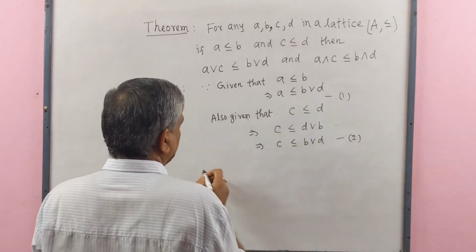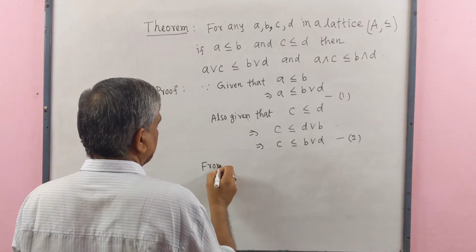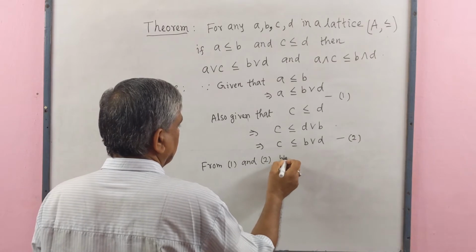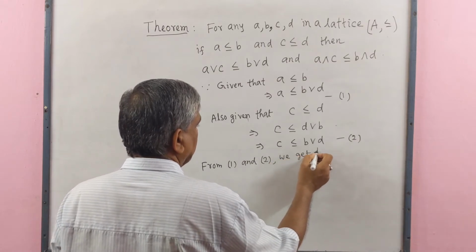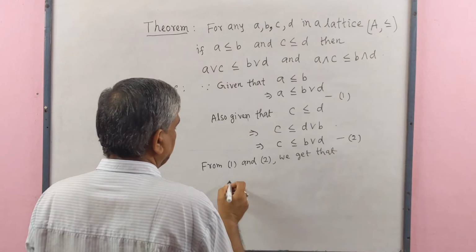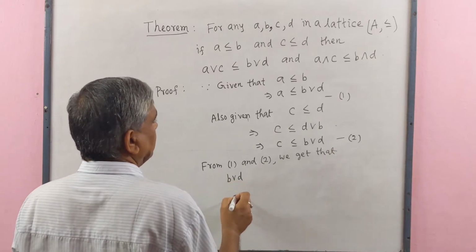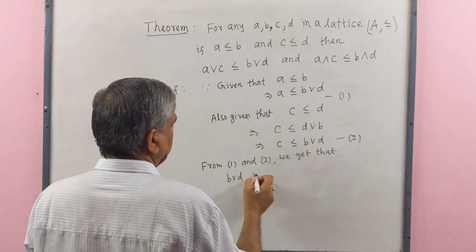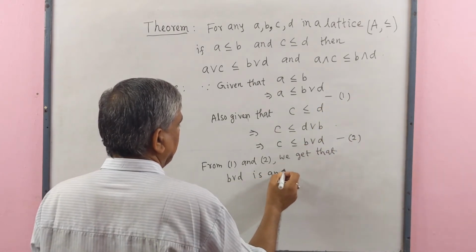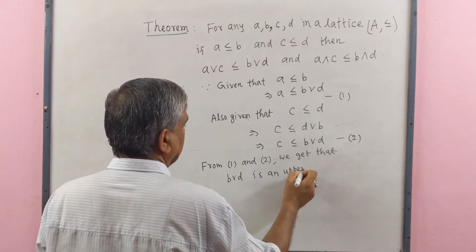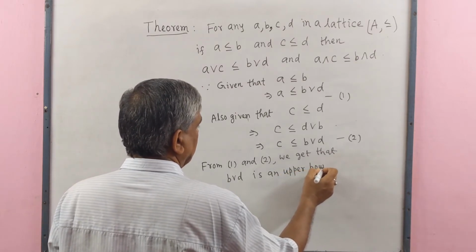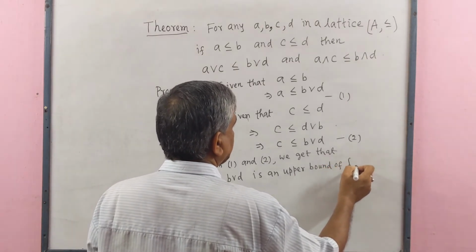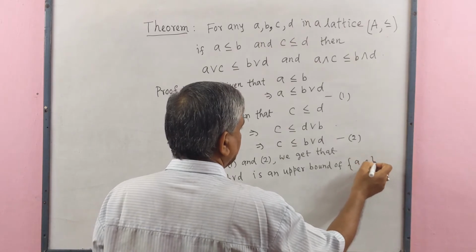Here from 1 and 2 we get that B joins D is an upper bound of the set containing A and C.